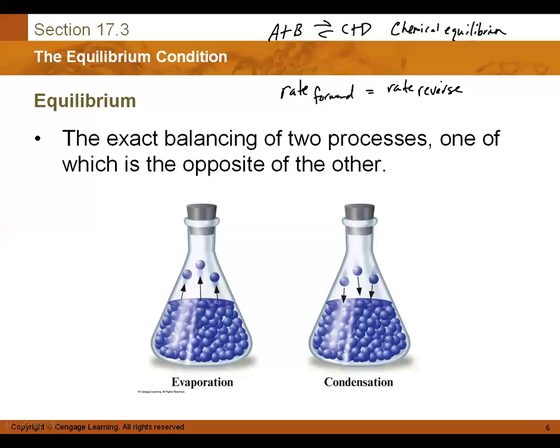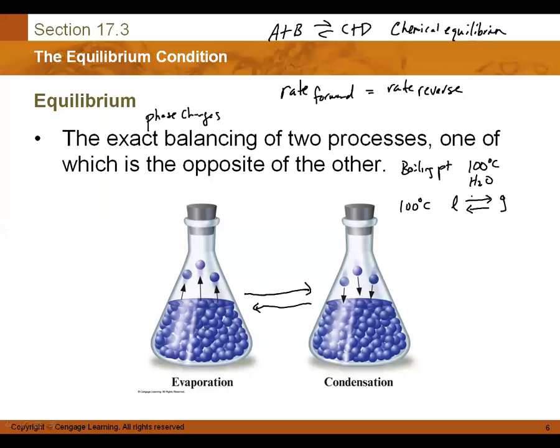A very common equilibrium that we have seen a lot is actually phase changes. When we talk about phase changes, like we have here in this picture, this is the process of evaporation and condensation, right? And that happens normally at the boiling point of a substance. For example, water at 100 degrees Celsius, exactly at 100 degrees Celsius, we have both the liquid state and the gas state in equilibrium with each other.